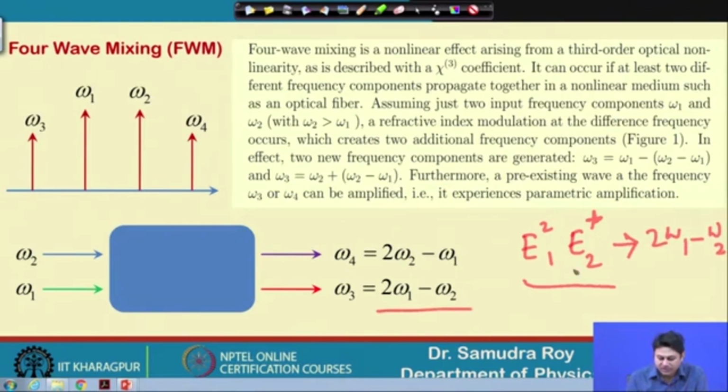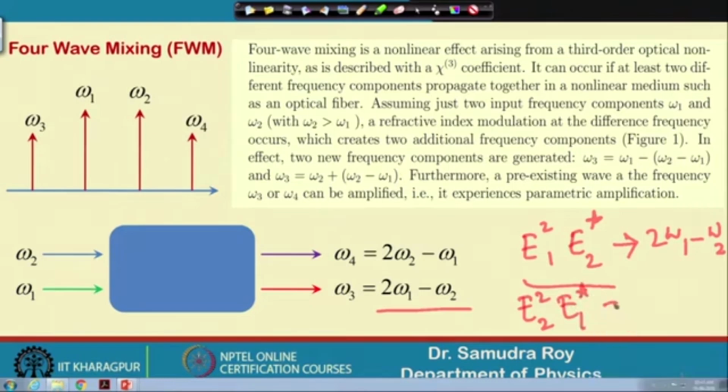So, this combination basically gives rise to a frequency omega 3, and another combination is also possible, which is E 2 square E 1 star, which gives us 2 omega 2 minus omega 1. So, another frequency is there.